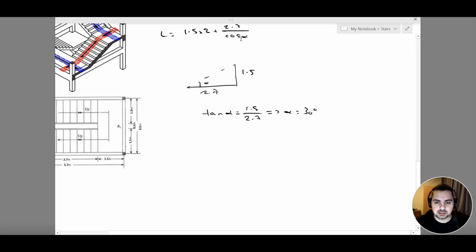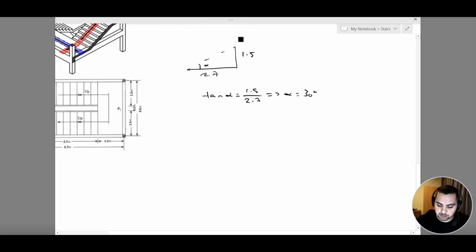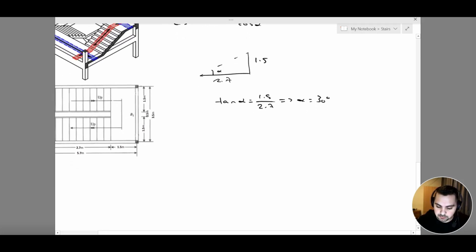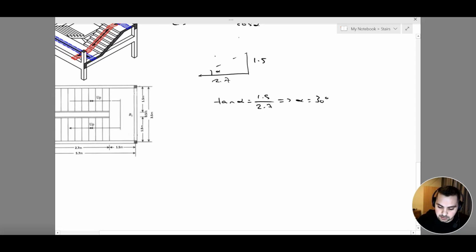Now this value here is 2.7 over cosine alpha, because if I go for cosine alpha here, this is x, the value that I want.